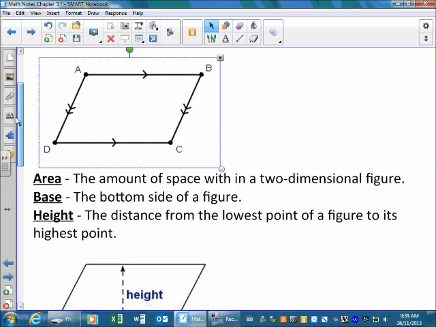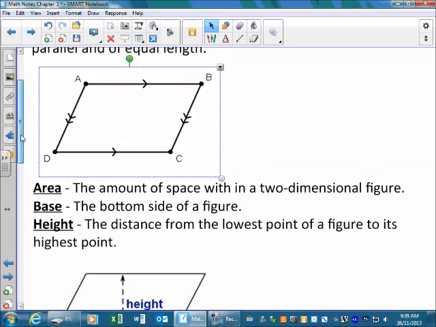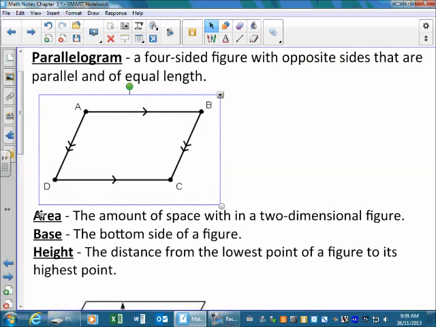So we're eventually going to get to finding the area of a parallelogram. And the area, as it says here, is the amount of space within a two-dimensional figure. So this whole space inside. Like last year you talked about perimeter, which is how much the outside adds up to. That's where you measured it and then added it all up.